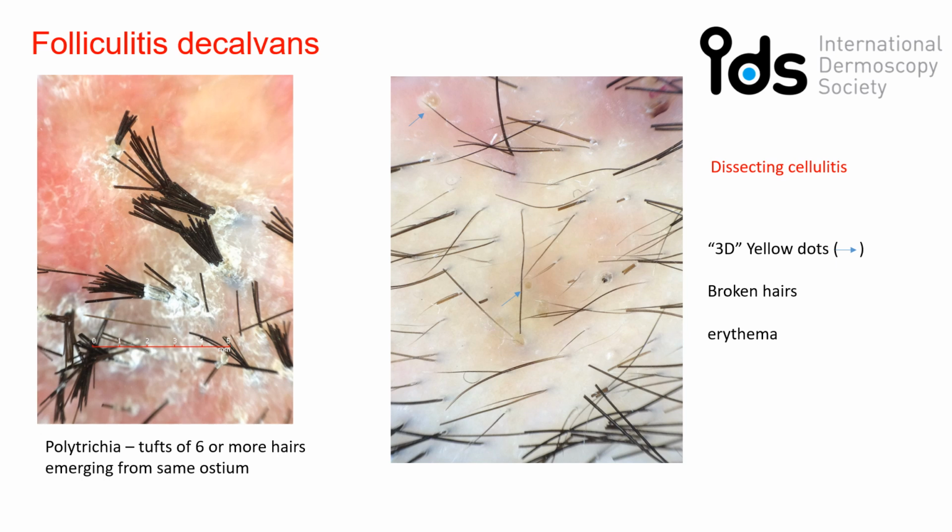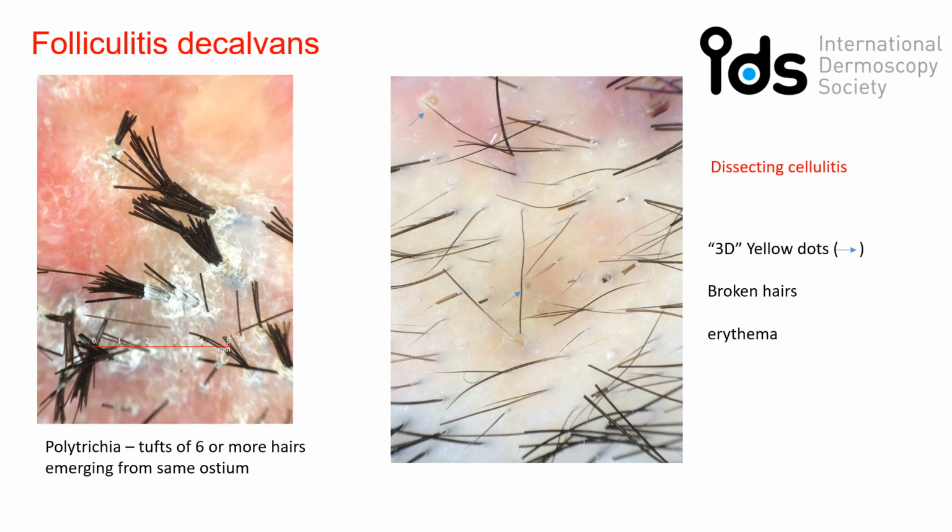What about folliculitis decalvans? It presents with these thick bunches of hair that are called tufts. Usually 6 or more hairs form polytrichia and come out of the surface. This should not be mistaken with dissecting cellulitis, even if both conditions represent neutrophilic scarring alopecia, because in dissecting cellulitis we have completely different features.